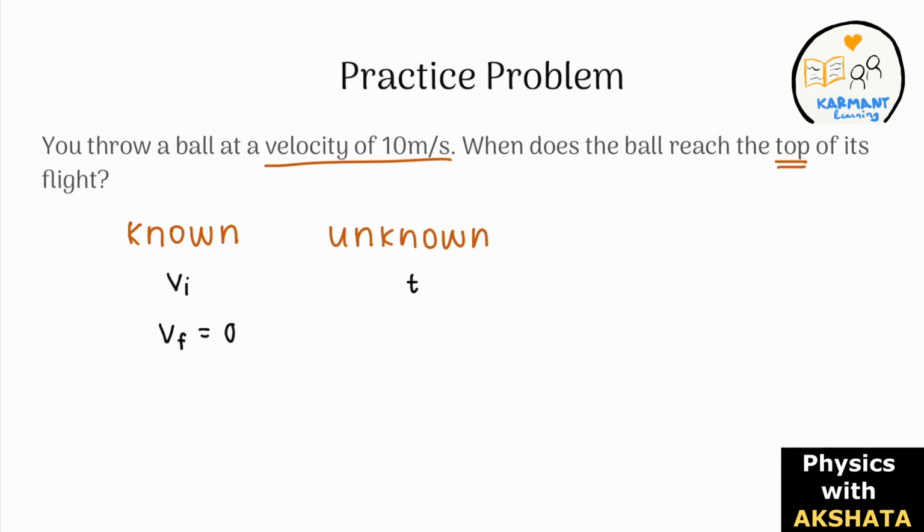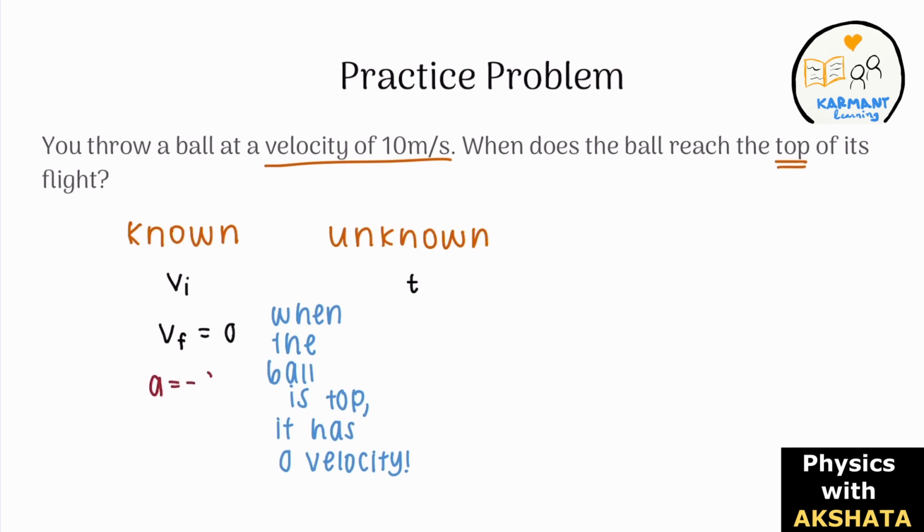And why is this? This is because at the top of any path, the y velocity of any object is always 0, so it's temporarily not moving. And this is a key fact to solving this problem, because if you didn't know it, then you'd be off in the wrong direction. So now that we know the final velocity, the initial velocity, and we know that our acceleration is g, as mentioned before, negative 9.8 meters per second squared, we can begin solving. So v is equal to v0 plus at.